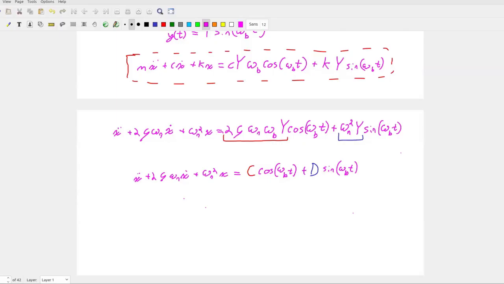And c and d can be arbitrary coefficients because often you're just looking to see how a system responds in the frequency domain for a base excitation.